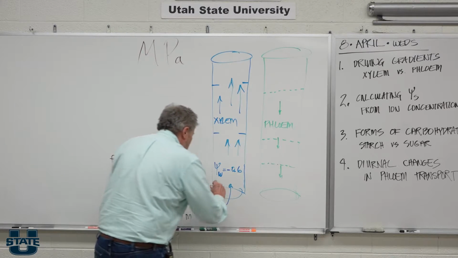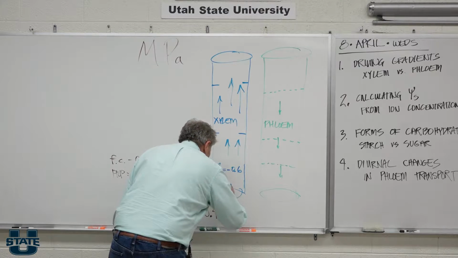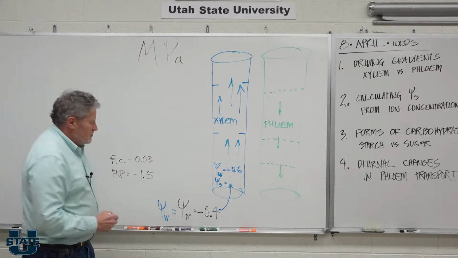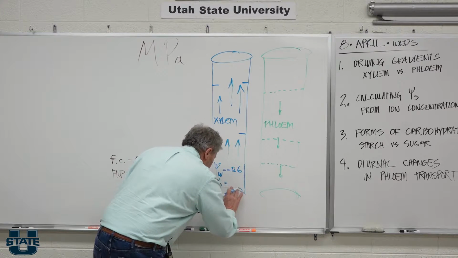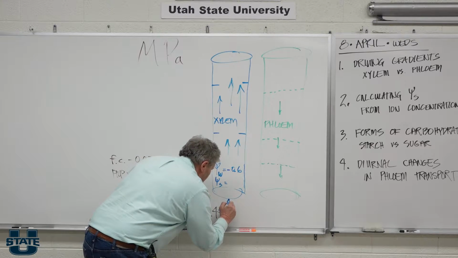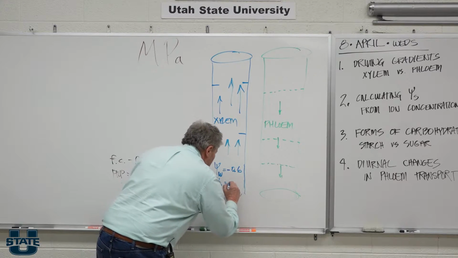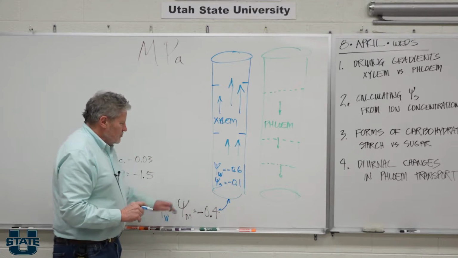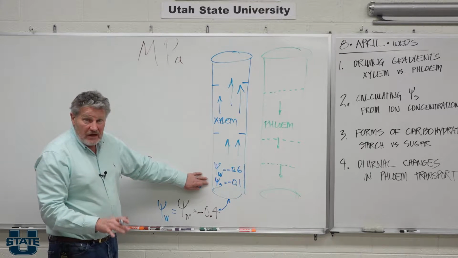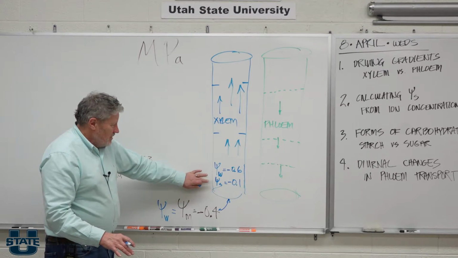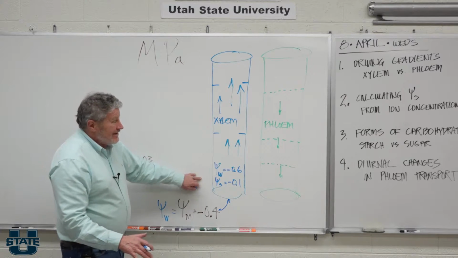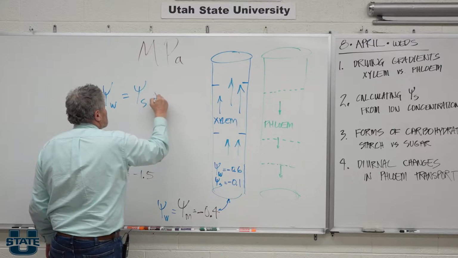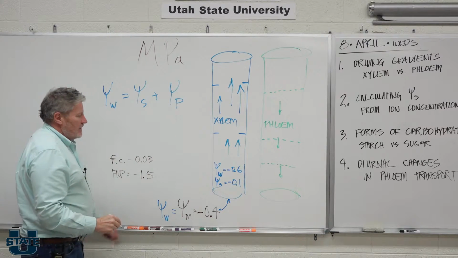Here's the key. Solute potential, how did this get more negative? It's solute potential, change my number here, or my arrows, is minus 0.1. So there's some salts in here. Not many. This is pretty dilute solution. But wait a minute. Didn't I just tell you that psi total has to equal psi s plus psi p?